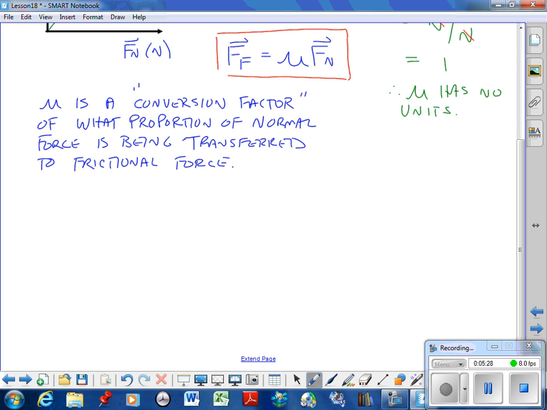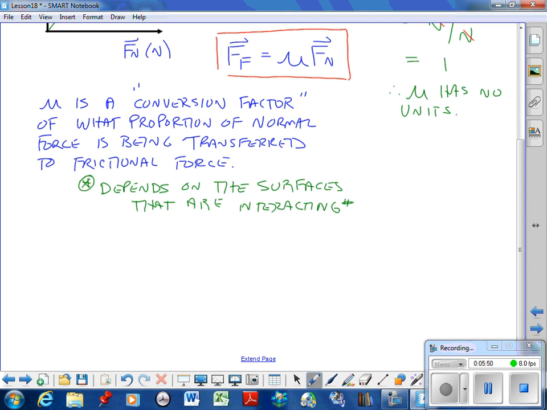Okay, so it's kind of a conversion factor, and it depends on the surfaces that are interacting. All right. So your mu is a conversion factor. How's it measured? Well, it really depends on what the surfaces look like when they're interacting with each other.